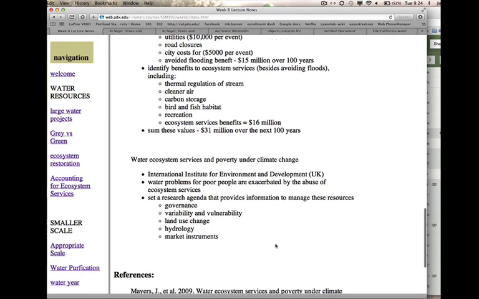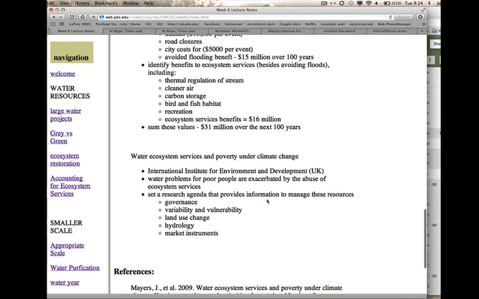Okay, now another thing that I want to mention is that the International Institute for Environment and Development looked at ecosystem services, and the reference is given below. But the problem was that in some areas, the water problems for poor people are exacerbated by the abuse of the ecosystem services.